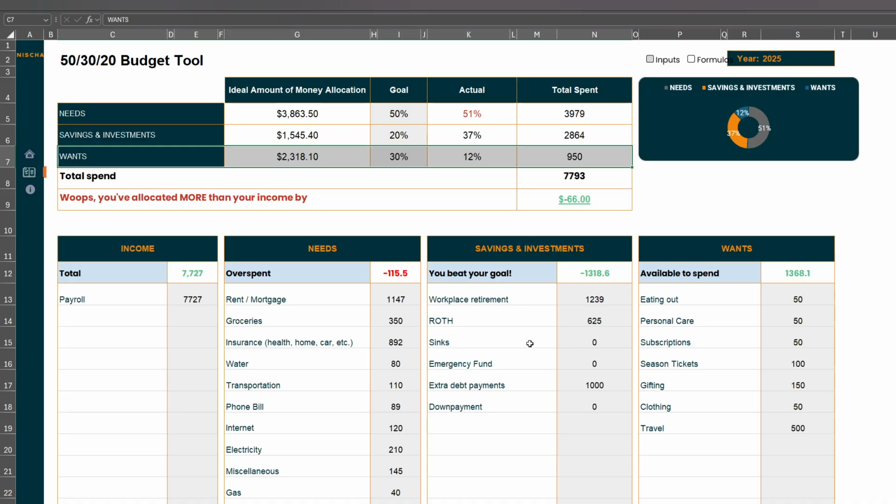Eventually, when my emergency fund is totally beefed up, I'm not contributing to sinking funds anymore. Then I have the expectation that I'm going to travel a little bit more. I'm going to buy a few more clothes.